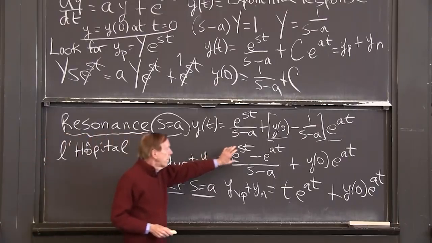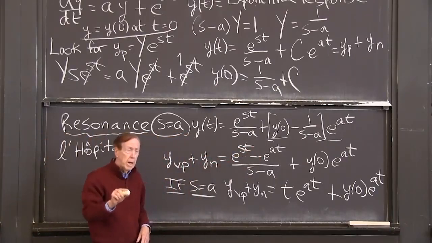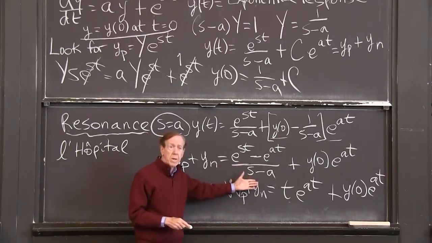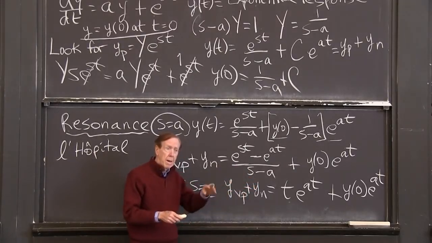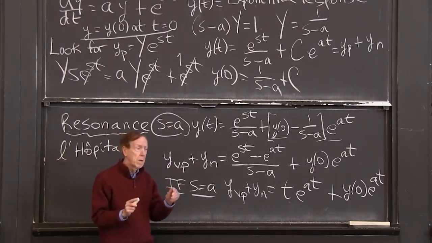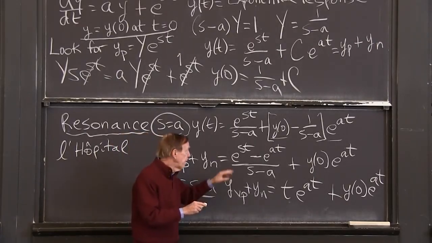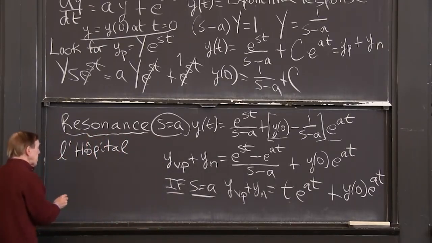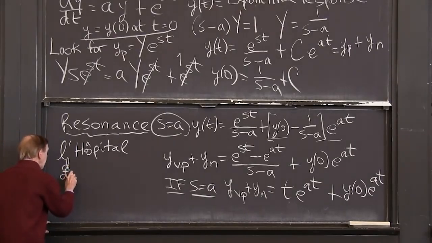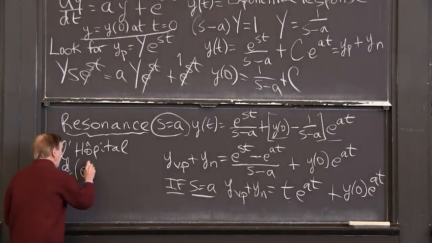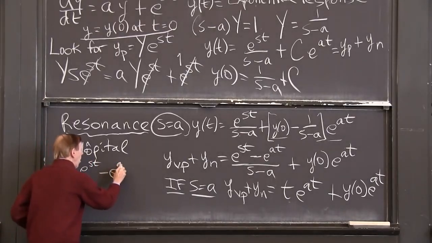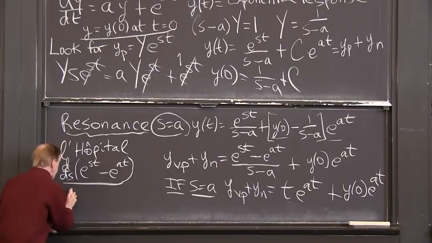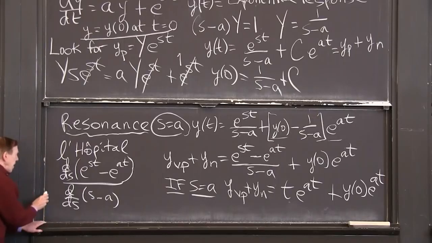The top going to 0 when s goes to a, because these become the same. The bottom going to 0 when s goes to a. And L'Hopital's cool idea was you get the same answer if you take the ratio of the derivatives. So L'Hopital says take the ratio of the derivatives of the top minus the derivative, divided by the derivative of the bottom. And then let s go to a in the end.